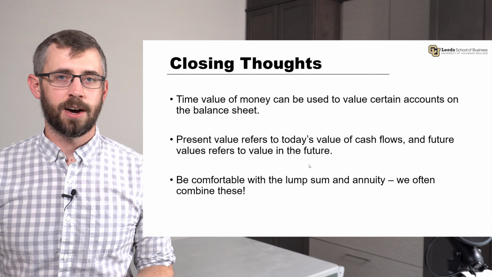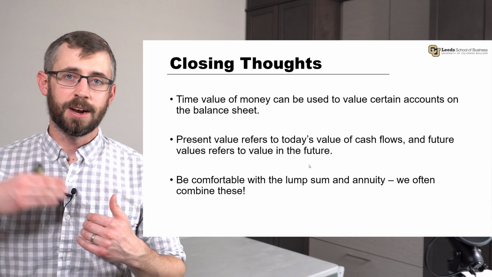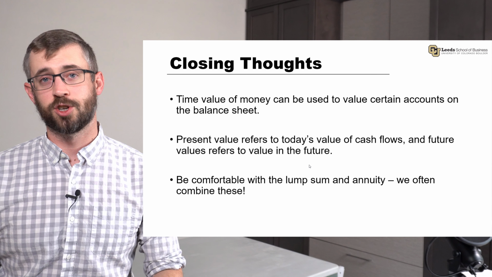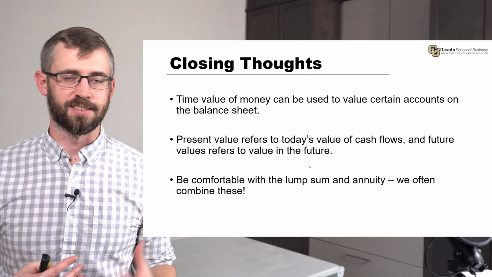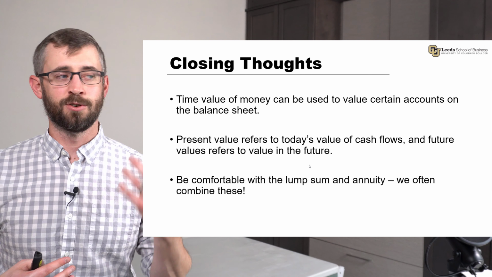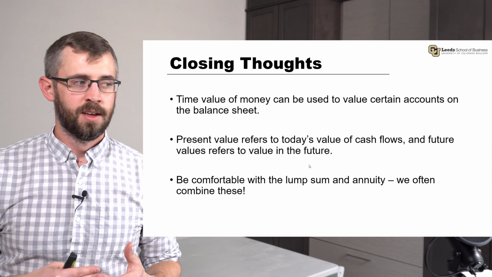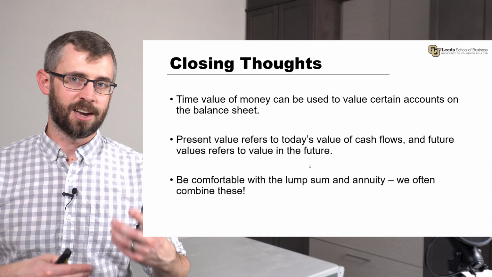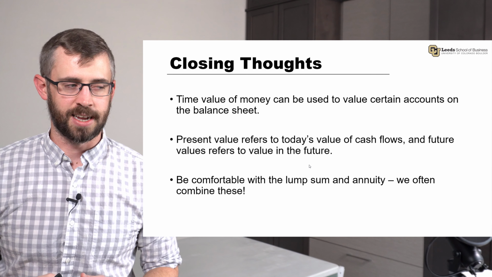So we need time value of money because we sometimes have payments or receipts very far in the future. And we want to make sure we're recording those on our balance sheet at the present values of those assets or liabilities. Remember, present value is what some future cash flows are worth today, and future values are what some cash flows either today or in the future are worth at some future date.